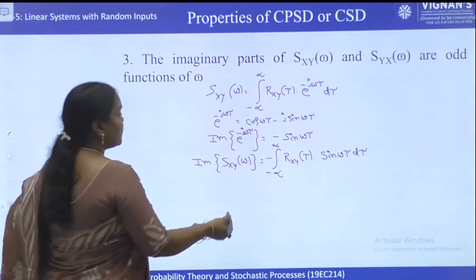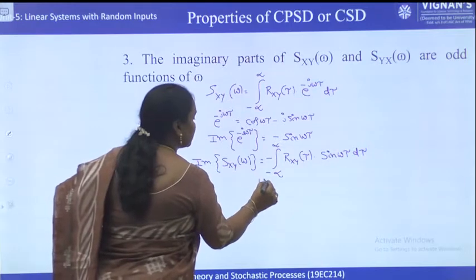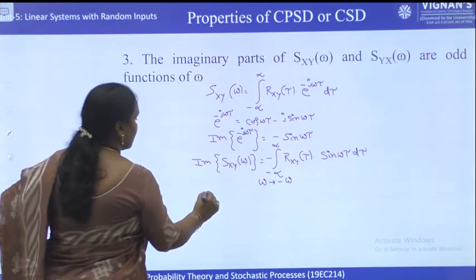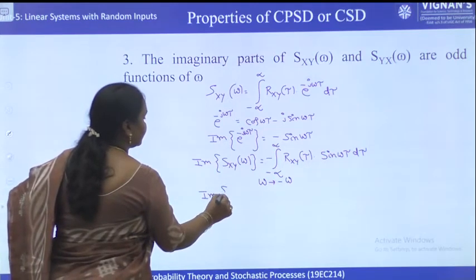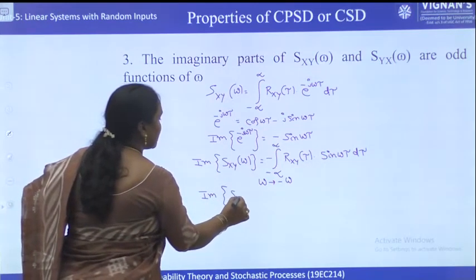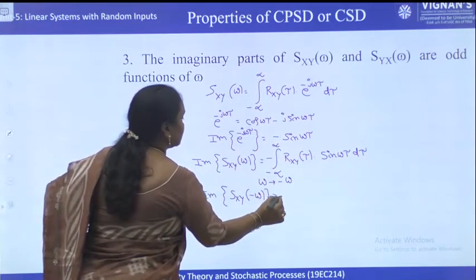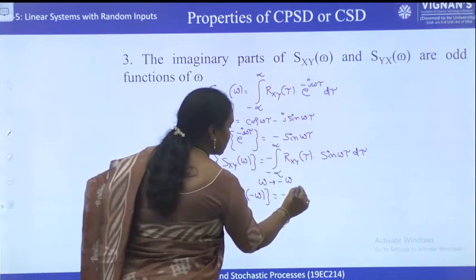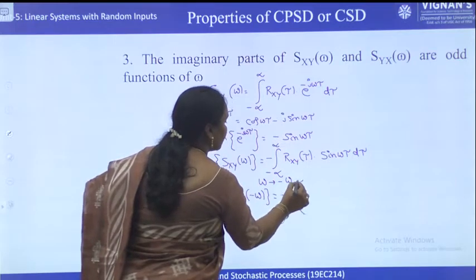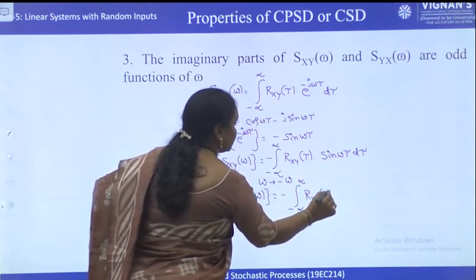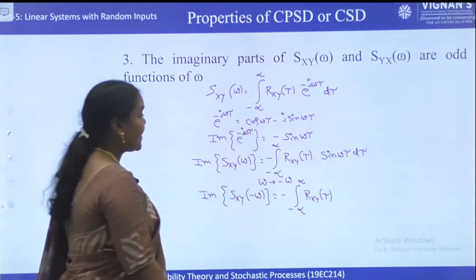Now, if I replace omega with minus omega, what happens? The imaginary part of Sxy of minus omega is equal to minus integral minus infinity to infinity r xy of tau sin of minus omega tau.